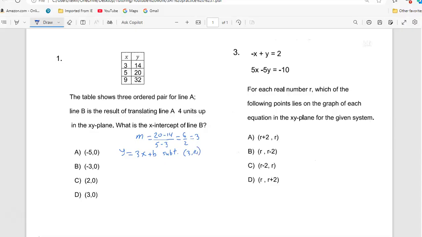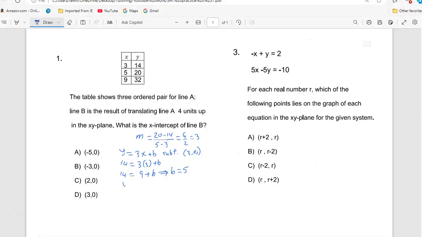I'm going to replace y with 14 and x with 3. So I have 14 equals 3 times 3, which is 9, plus b. If I subtract 9 from both sides, I get b by itself, equal to 5.